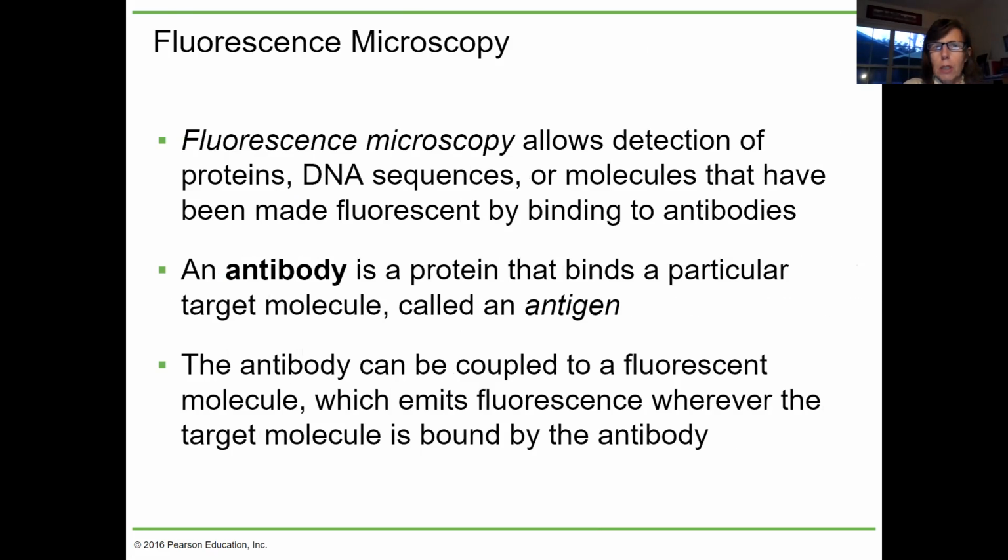Fluorescence is a particular kind of microscopy. It can be done two different ways. A common one is called immunofluorescence, and you use an antibody. Oftentimes you want to recognize something on the surface of a cell, and so you either purchase or make an antibody from an animal that has a reaction to an antigen.